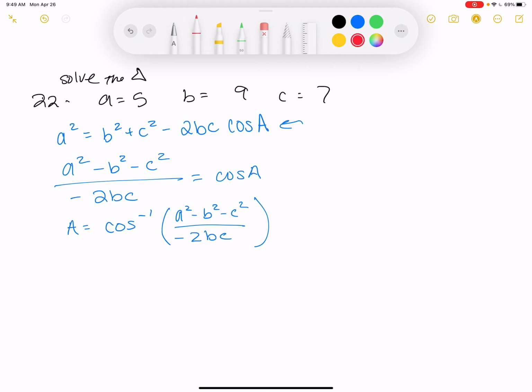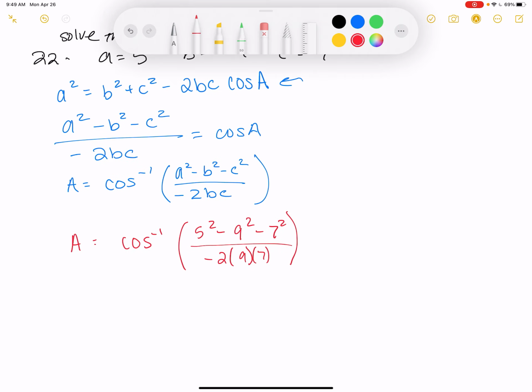Alright, so I'm plugging in numbers. A equals the inverse cosine of 5 squared minus 9 squared minus 7 squared divided by negative 2 times 9 times 7. I've kind of got to take y'all's word for it because I obviously don't have this one worked out. So that's 25, or it's 81 minus 49.